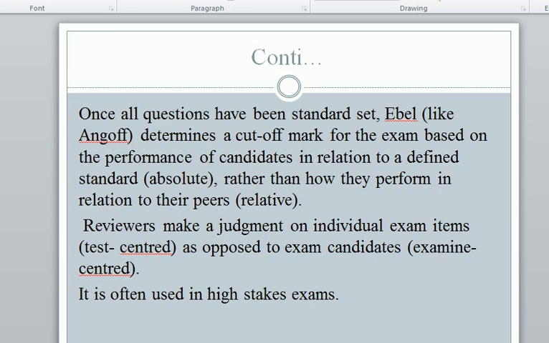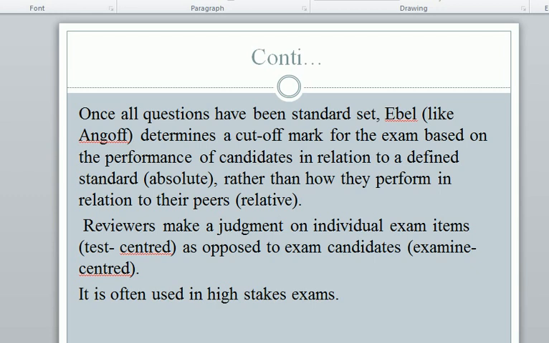High stake exams means sensitive exams. This method is used in high stake exams, or exams for responsible posts or responsible professions, like medical, in which the doctors have to treat human beings as patients.